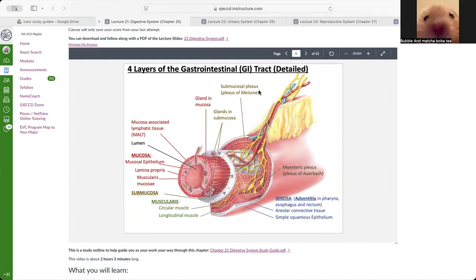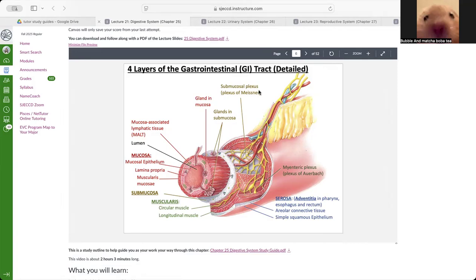So for the layers of the GI tract, the mucosa is worn away through friction and erosion from food, so every 7 days your body replaces it. It's in your mouth, pharynx, esophagus, oral cavity, and then the anal canal, lined with non-keratinized stratified squamous epithelial cells.